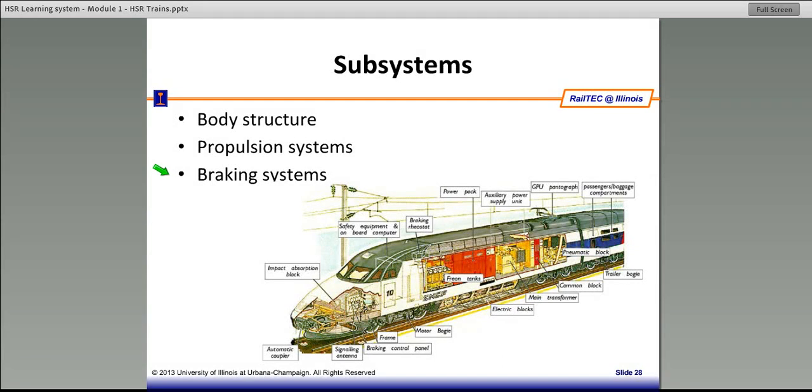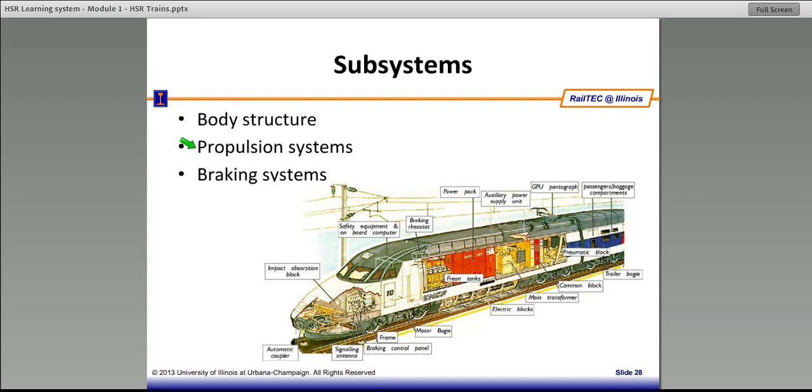Now let's go into the subsystems of a high-speed train. We know the characteristics of a high-speed train that we have to fulfill, but what are the challenges for each component? Okay, today we will have time to look into the car body. How do you design a car body in order to make a train high speed?